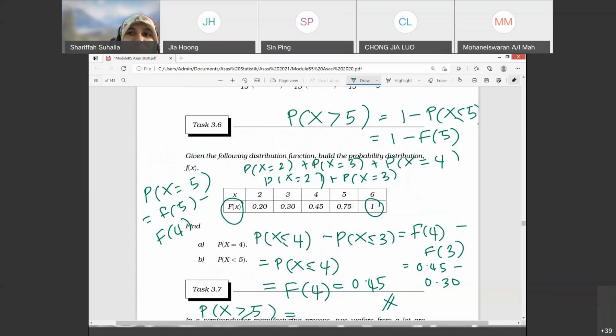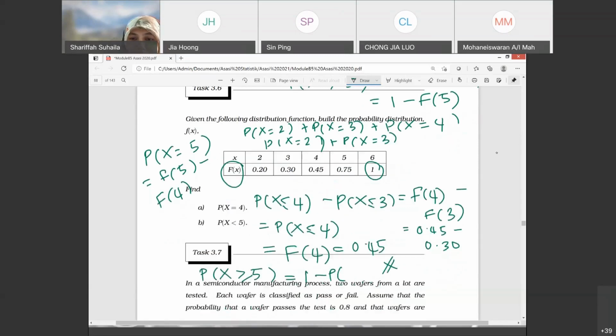So again, let's say you want to find concept 1 minus. Amirul kata 0.45. Dia bagi jawapan terus. Okay, 1 minus, that means 1 minus probability X less than or equals to 4, ataupun 1 minus capital F4.